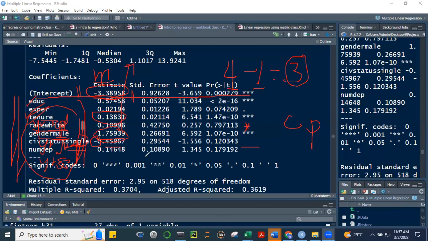Male siya, non-white, married, no education, no experience, no tenure, no number of dependents. Answer, class?